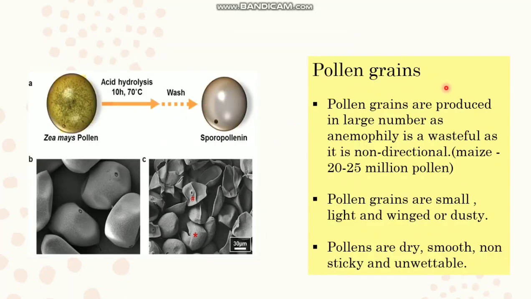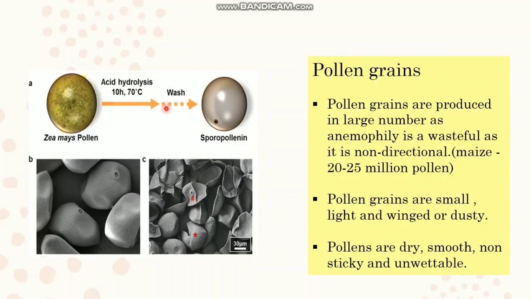The pollen grains of anemophilous flowers are produced in large number in order to compensate the loss which occurs during their transport, as anemophily is a wasteful process and it is non-directional. For example, in maize, the male inflorescence produces 20 to 25 million pollen grains.